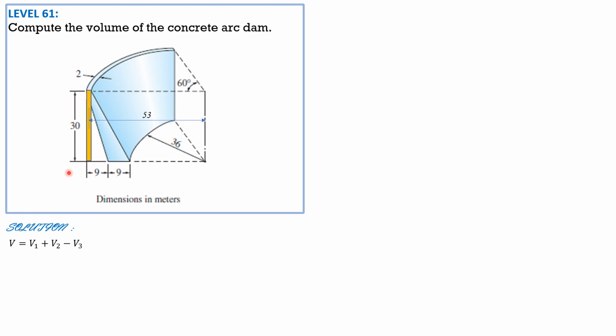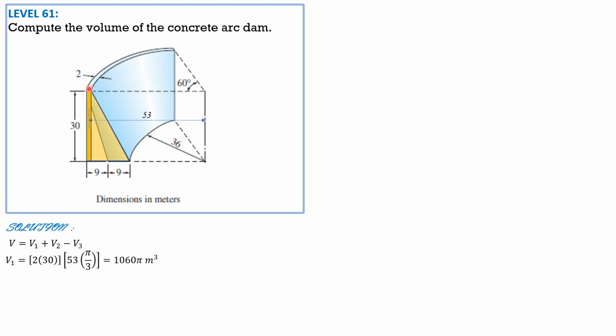Volume 1 is area, which is 2 times 30, then times pi over 3 times 53 meters, the radius of revolution, times pi over 3, the angle of revolution, which is only 60 degrees or pi over 3 radians. So it is 1060 pi cubic meters.